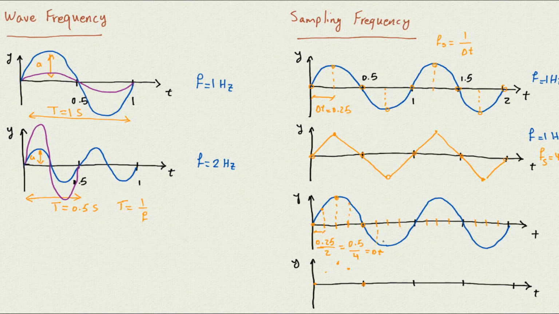If I keep sampling, I will have 1 point here, 1 point here, 1 point here, 1 point here. If I again keep sampling at those intervals, I would have these points.